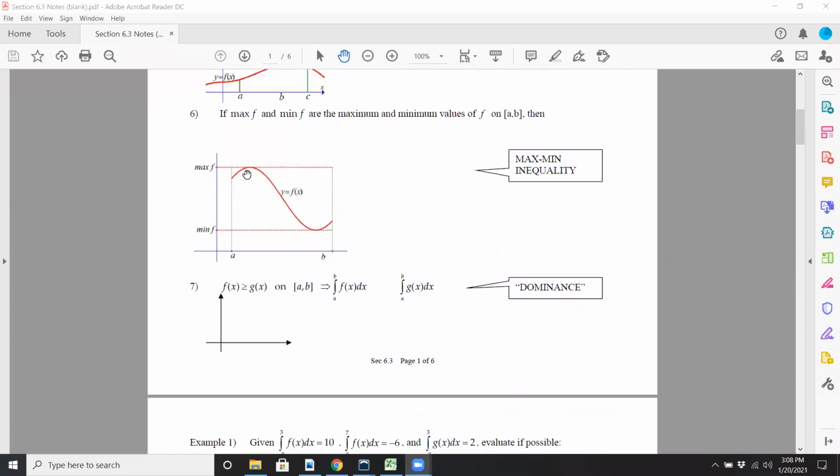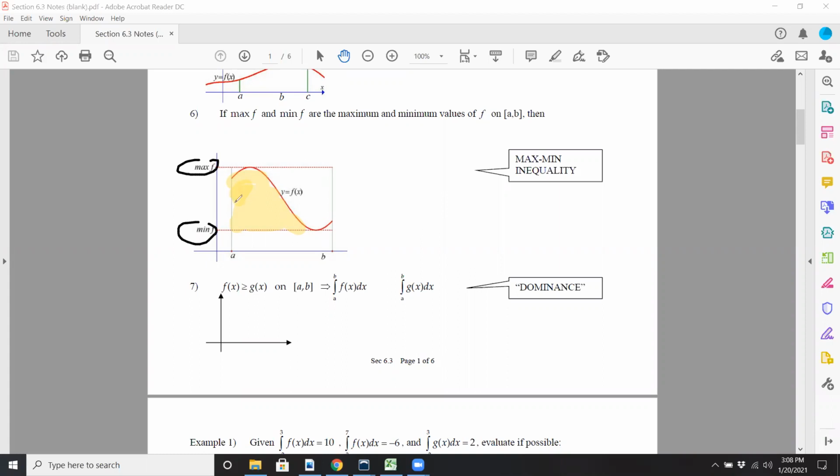Next one's not really one we see too often, but just good to talk about. It's called the Max Min Inequality. So obviously the shaded region between the curve and the x-axis would be this. And what we're noticing is that we have a maximum y value and a minimum y value.